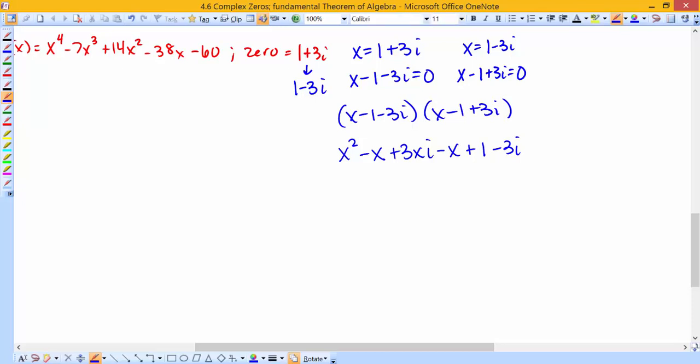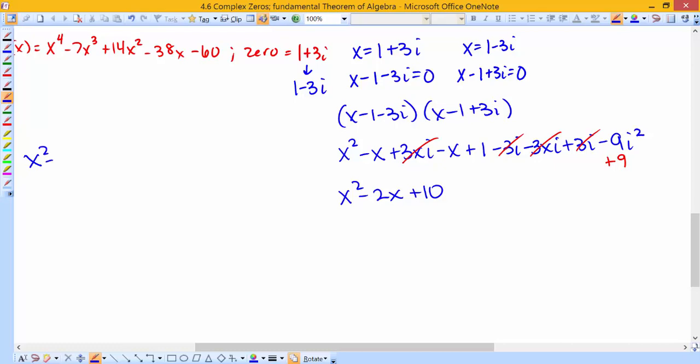So I distribute it. I get minus 3xi plus 3i minus 9i squared. So I'm looking here, my 3xi's cancel, my 3i's cancel, and this becomes positive 9 because i squared is negative 1. So I have x squared minus 2x plus 10. So that's my factor, my other factor.